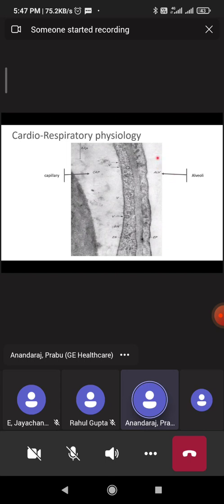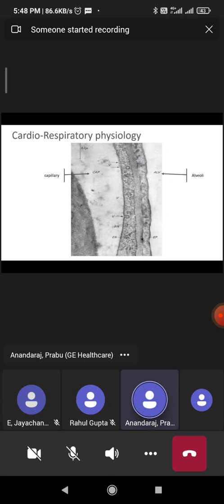For example, what is the total barometric pressure? Anybody knows what the atmospheric pressure is? One atmospheric pressure is equal to how many millimeters of mercury? Can you unmute yourself? Anybody can tell me? 760. Yeah, 760, right? So 760 millimeters of mercury is the atmospheric pressure at sea level.